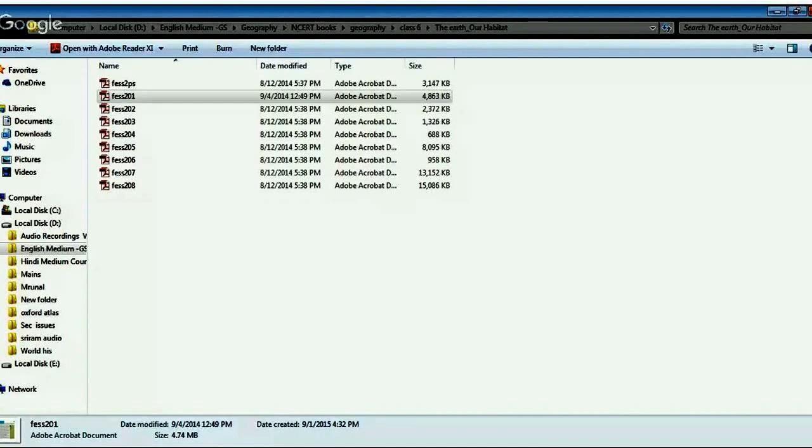If you see the facts about Earth, Earth is the third nearest planet to the Sun. We have already seen the whole solar system, and in size it is the fifth largest. It is slightly flattened at the poles, and that is why its shape is described as geoid.